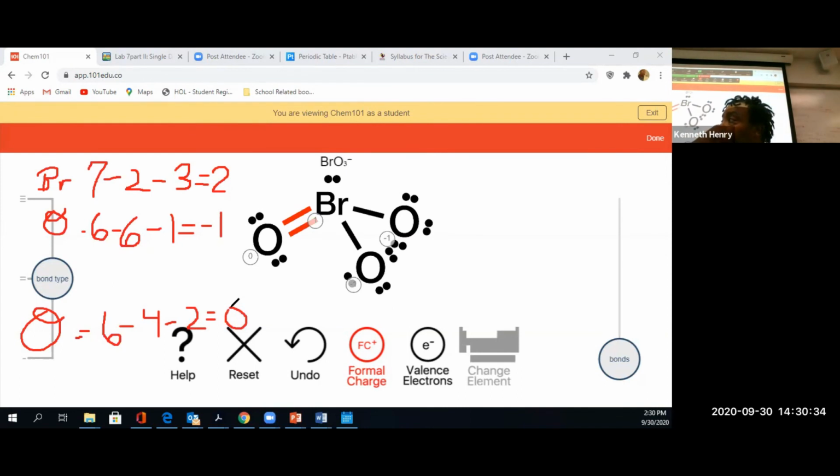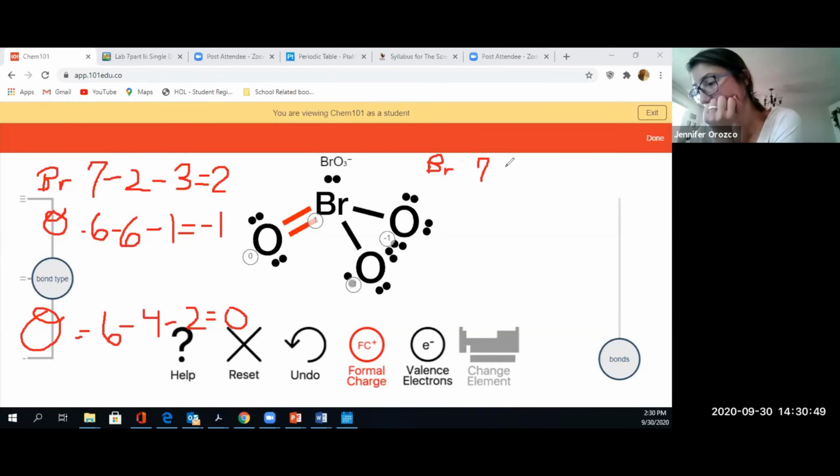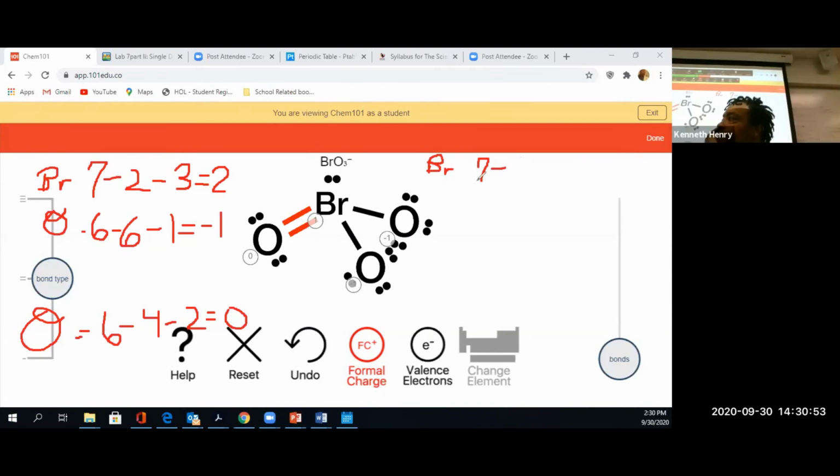Okay, so if we could do the same, let's look at the bromine now. Bromine has how many valence electrons? 7. How many lone pairs around it? 2.